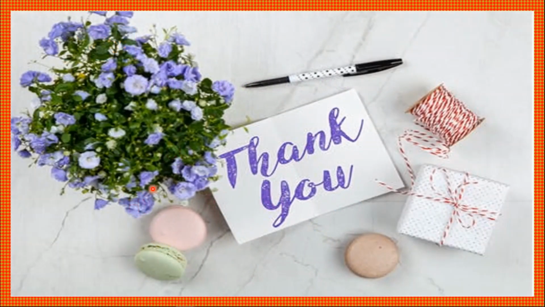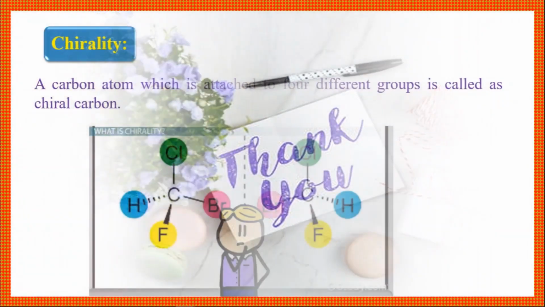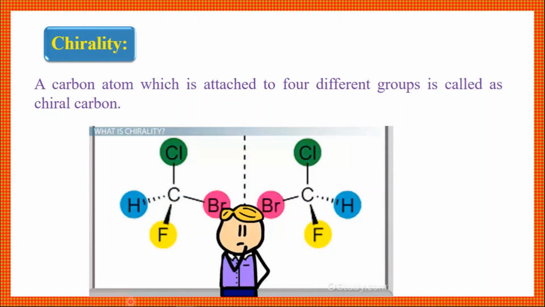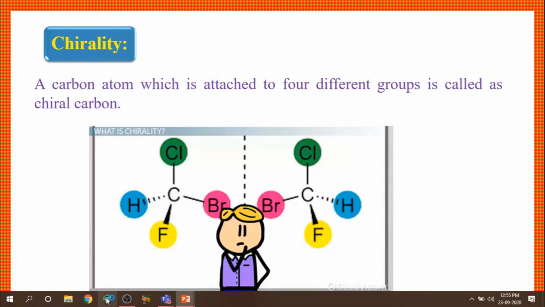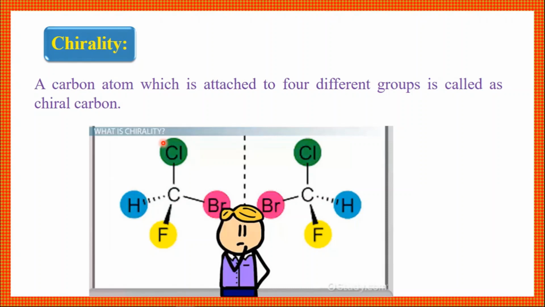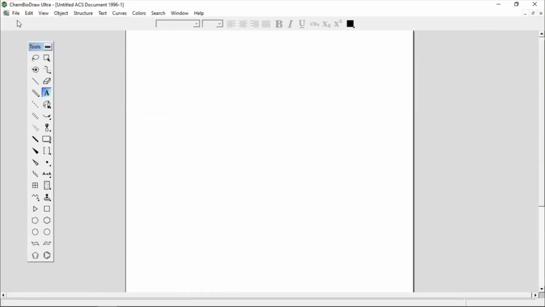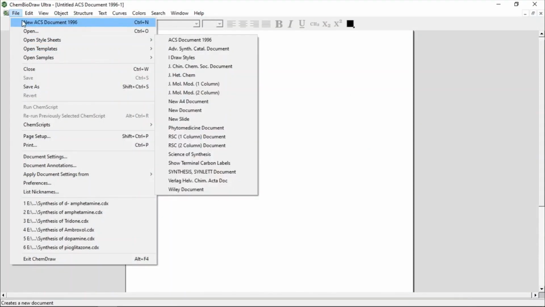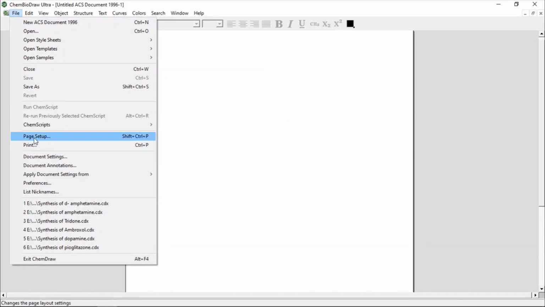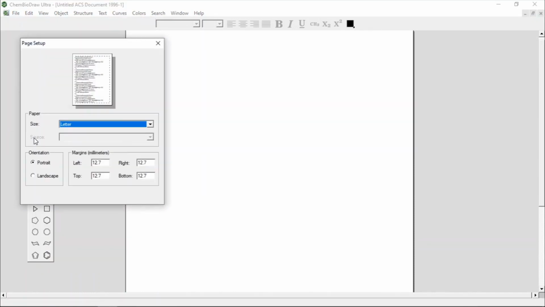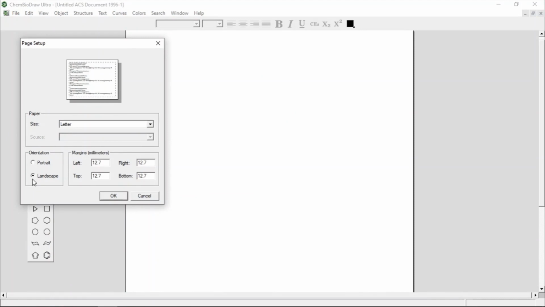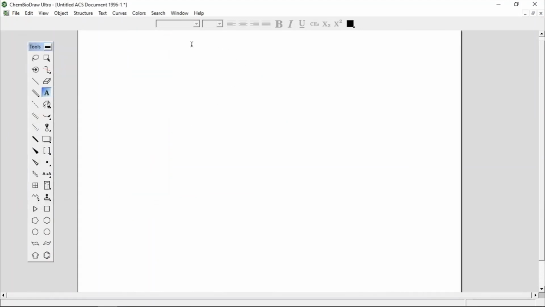Now I will draw some structures of organic compounds, and you have to tell me whether that compound is chiral or not. Can you see this page?